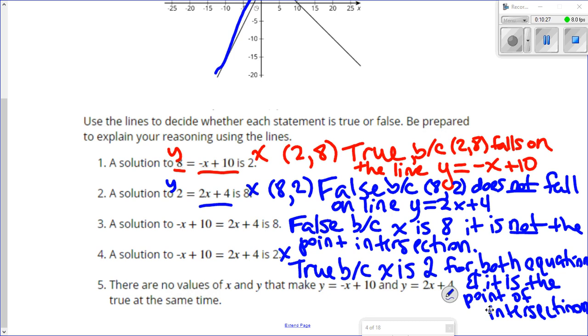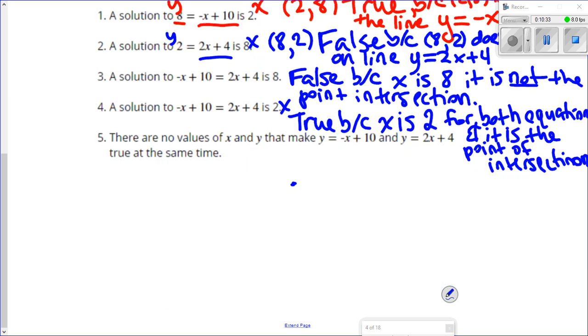Remember, we can also check that algebraically. If I input 2 to this equation, it should work. So is negative 2 plus 10 equal to 2 times 2 plus 4? Well, negative 2 plus 10 is 8. On the right side, 2 times 2 is 4, and 4 plus 4 is 8. So it works, okay? You can do that same thing back in question 3 and prove question 3 to be false.